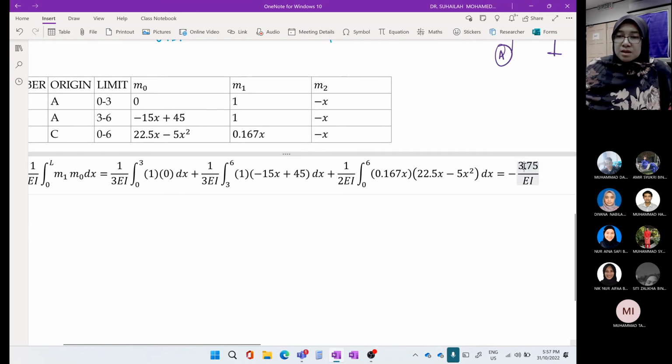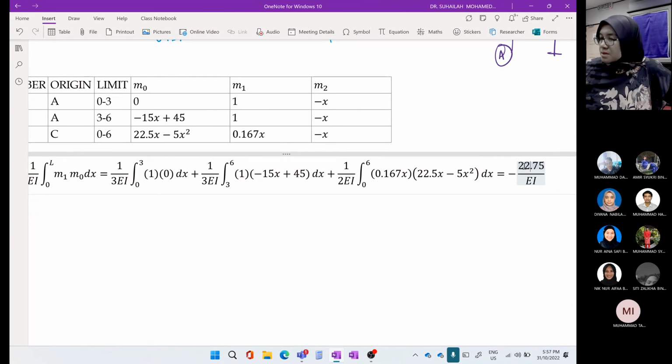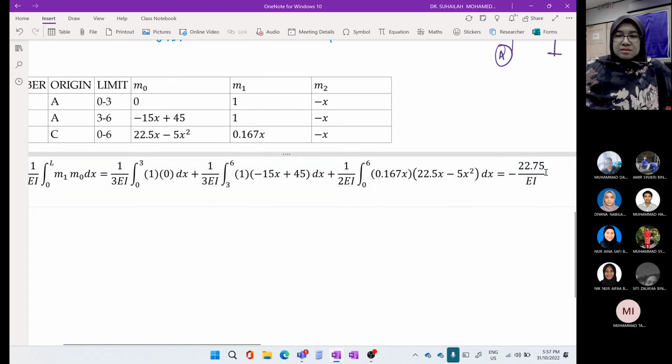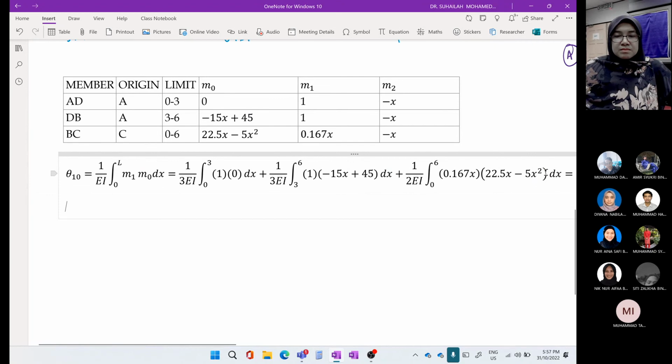Total. Okay, yang online berapa dapat? Okay, the first integration is 0. The second integration equal to? We get negative 67.5 divided by 3.